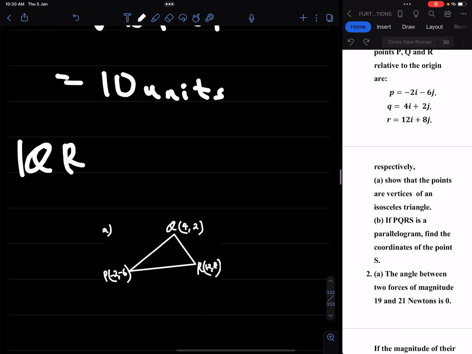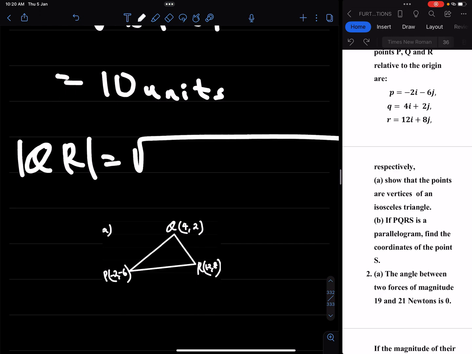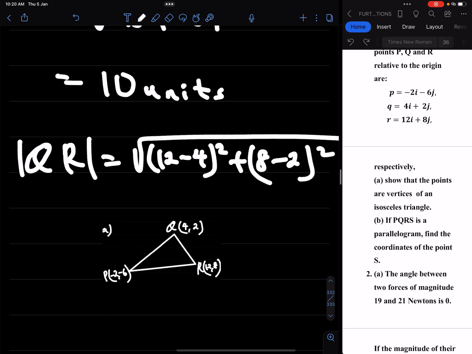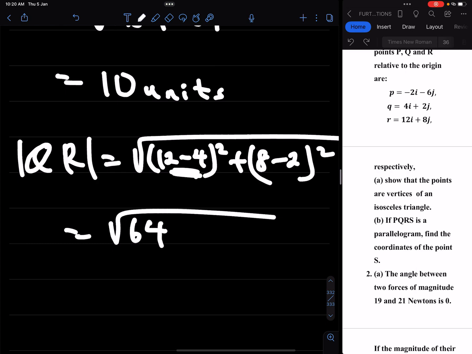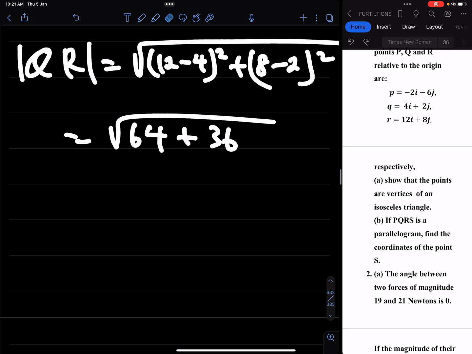Length QR in the same fashion is the square root of the square of 12 minus 4, plus the square of 8 minus 2. 12 minus 4 is 8, the square of that is 64, plus 8 minus 2 is 6, the square of 6 is 36. The square root of 64 plus 36 is the square root of 100, which is 10 units.